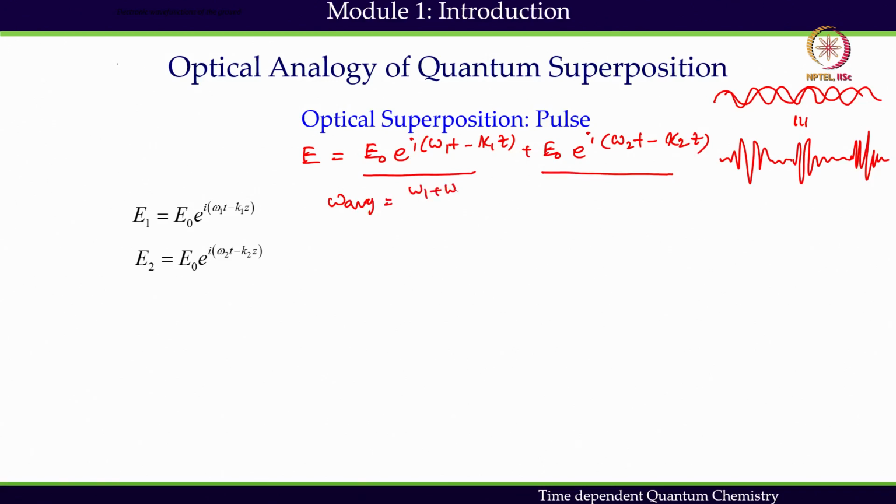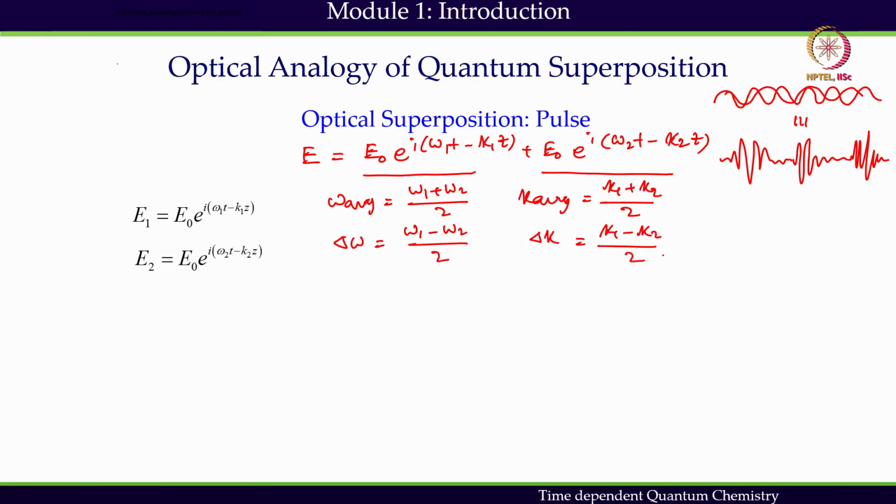omega average equals omega 1 plus omega 2 divided by 2, k average equals k1 plus k2 divided by 2, and delta omega, the difference in omega between the interfering waves, is omega 1 minus omega 2 divided by 2, and delta k equals k1 minus k2 by 2.